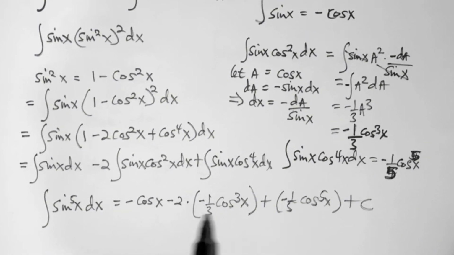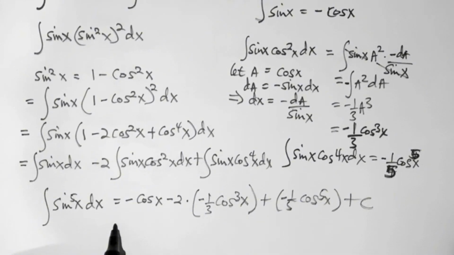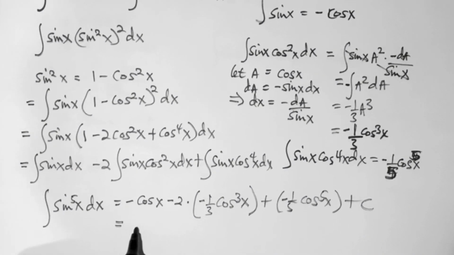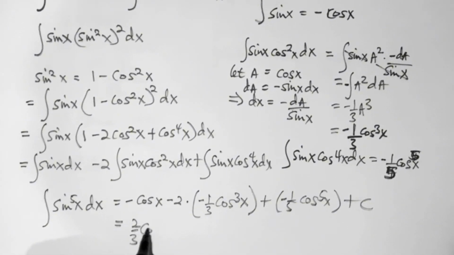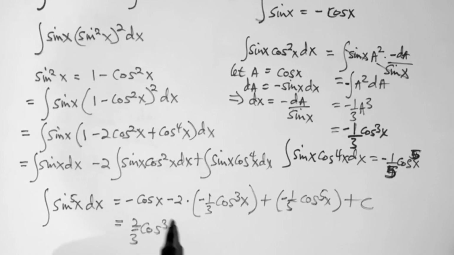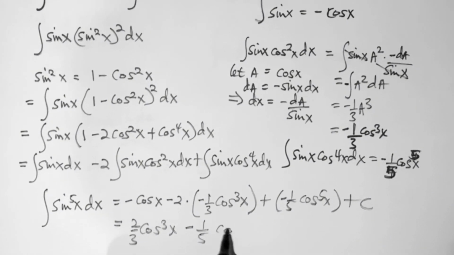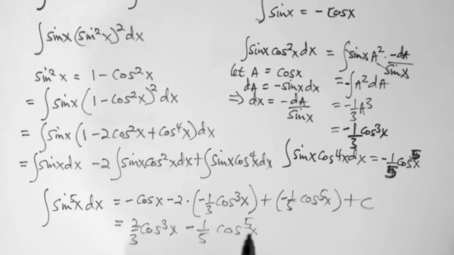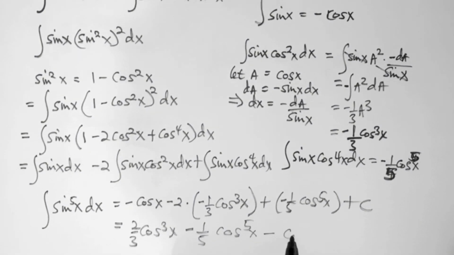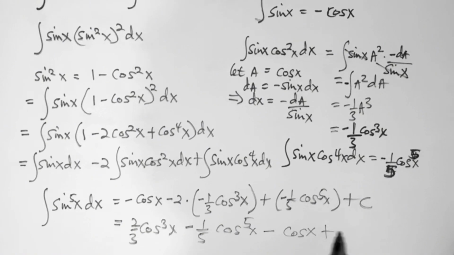If you multiply these two, it becomes positive, so let's first write that. This is equal to 2 over 3 cos cubed x, then minus 1 over 5 cos exponent 5x, then minus cos x plus c.